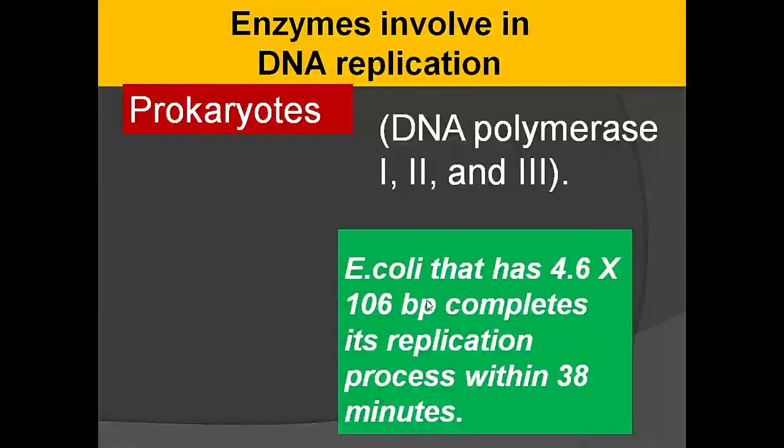The three enzymes complete the replication process within 38 minutes in prokaryotes like E. coli. The number of base pairs in E. coli DNA is 4.6 x 10^6 base pairs. This number of base pairs are copied, that is replication, and it completes within 38 minutes.